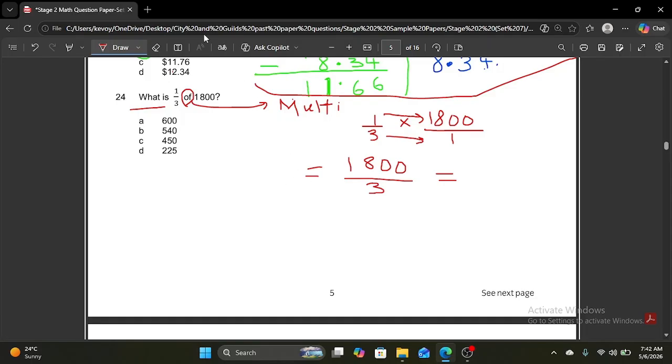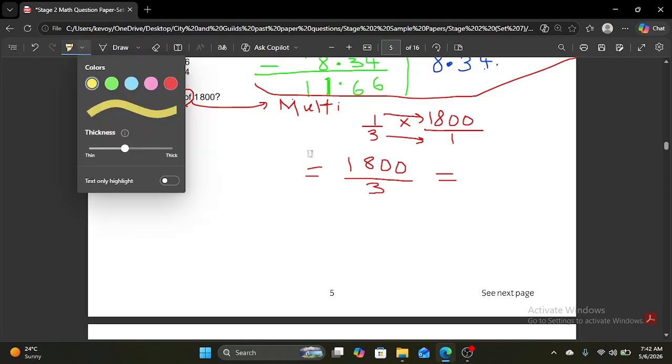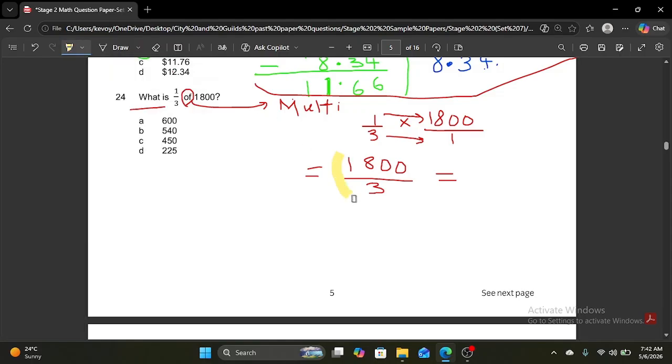Whenever you see a fraction, it just means that we're going to divide. Some persons might not remember that, but that's what it means.